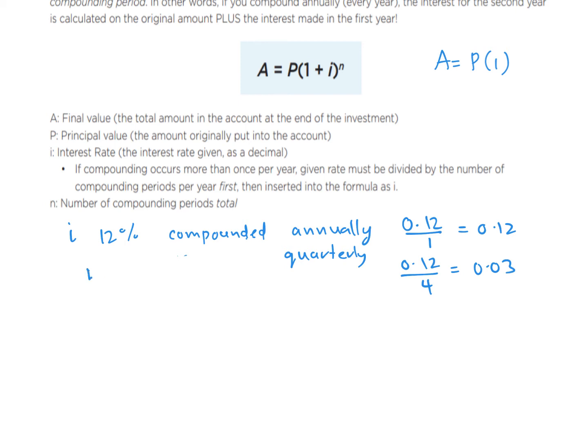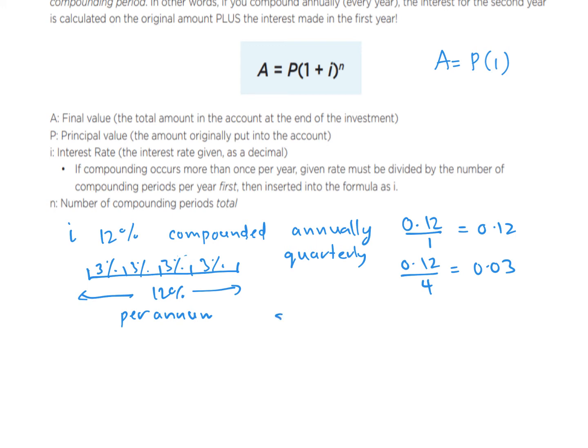So what that means is that you're going to get 12% over the whole year. So per annum means over the whole year. But I'm dividing that 12% into 4 equal payments, so each time I'm getting 3%. So by the end of the year I get my 12%, but I'm getting 3% each time.